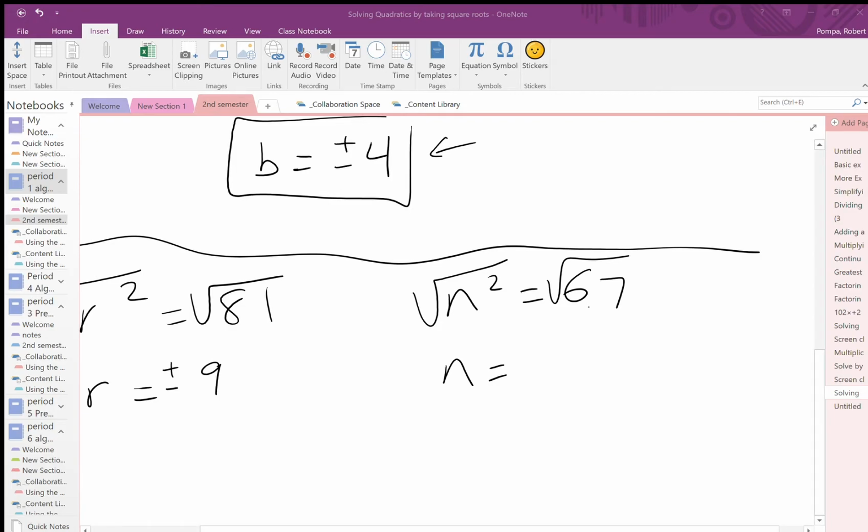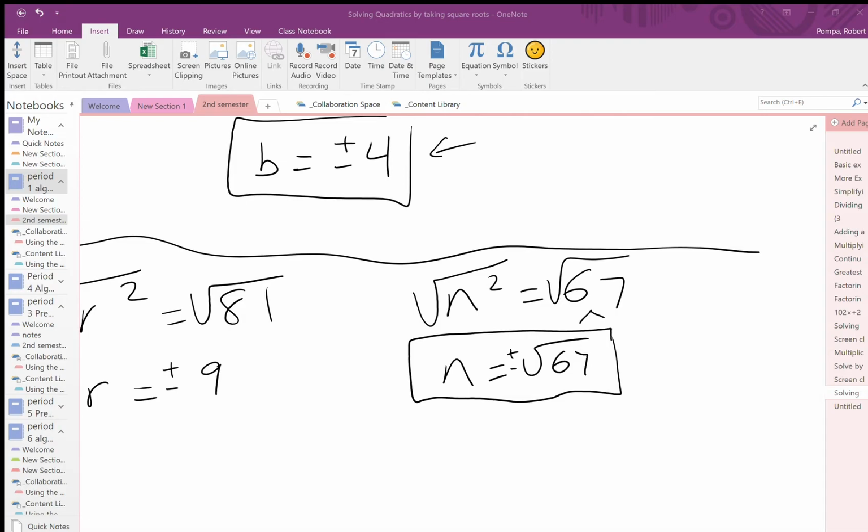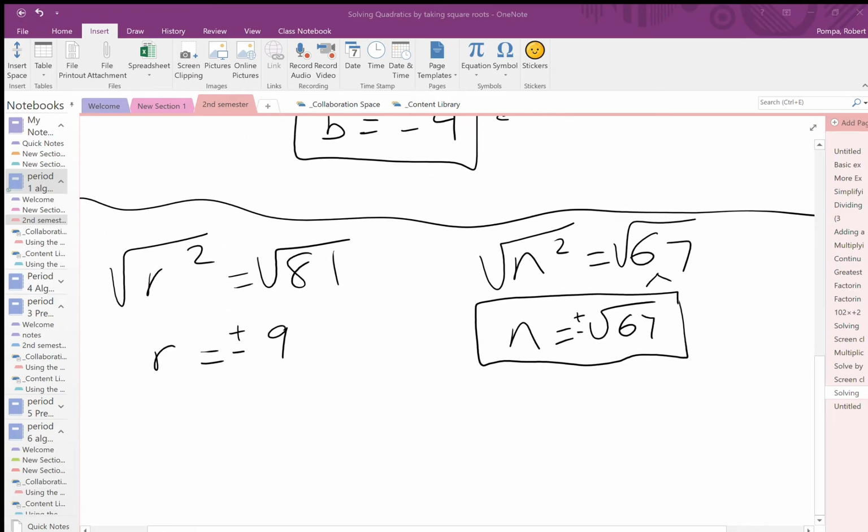Now, I would have you break this down, but I'm going to save some work and tell you that 67 can't be broken down. So since it can't be broken down, we just leave it as square root of 67. And don't forget the plus or minus. So when it's on the multiplication chart, that's how I want you guys to do it. When it's not on the multiplication chart, you got to do it like this and see if you can break it down.